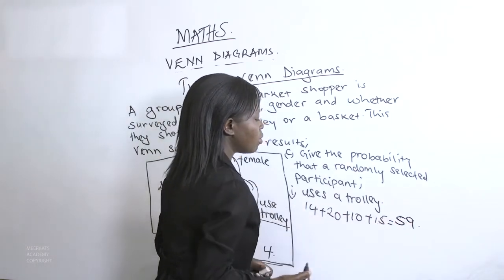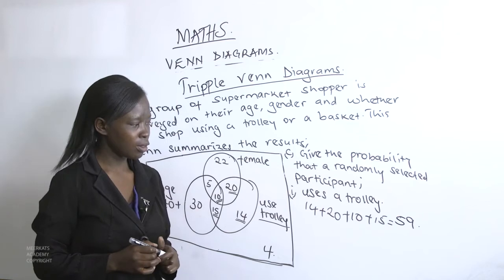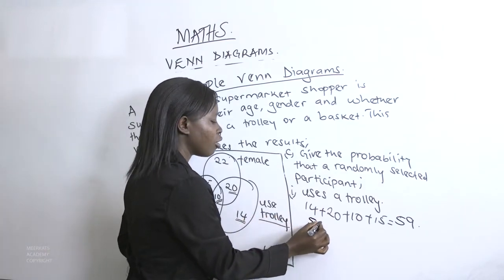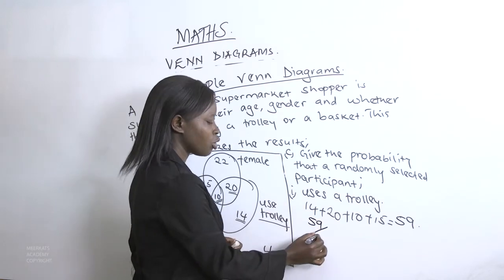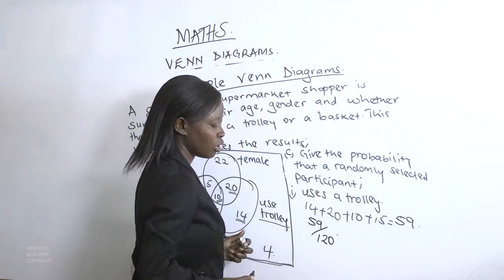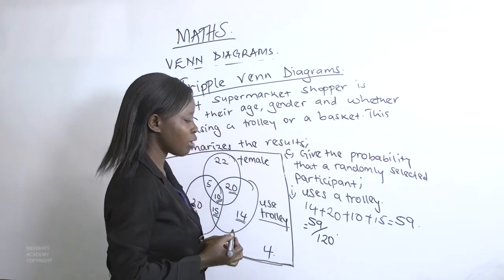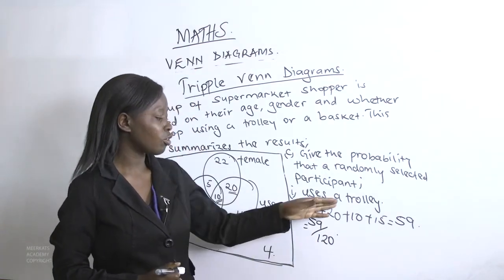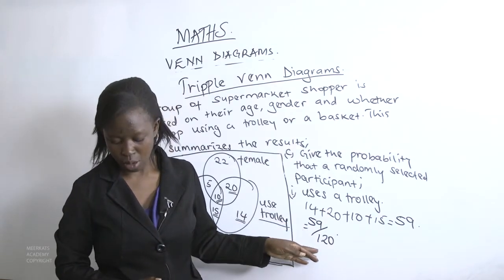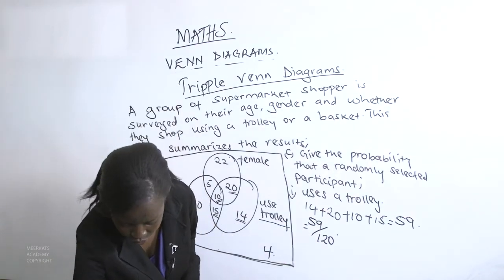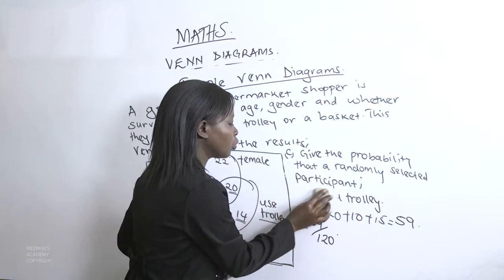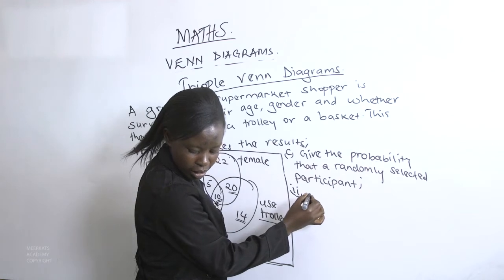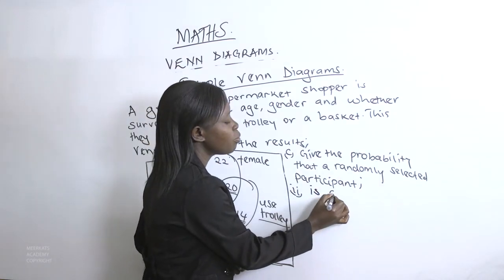So the probability that a person who participated in this survey used trolley will be 59 over the total number of people, which was 120. So the probability that a person selected at random from this group will use a trolley is 59 out of 120.